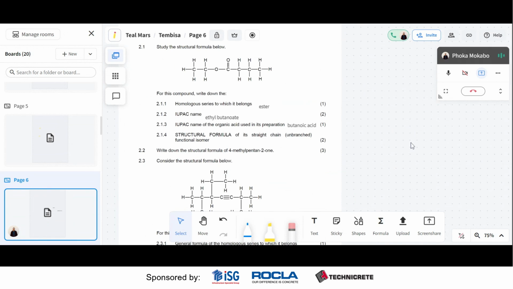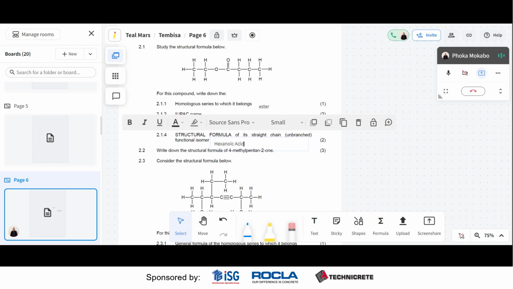Now, in this case, the functional isomer for this ester will be a carboxylic acid. And specifically, if you look at the number of carbons, 1, 2, 3, 4, 5, 6, you would be looking at hexanoic acid. Let's just write the name over here. Okay, we are looking at hexanoic acid.